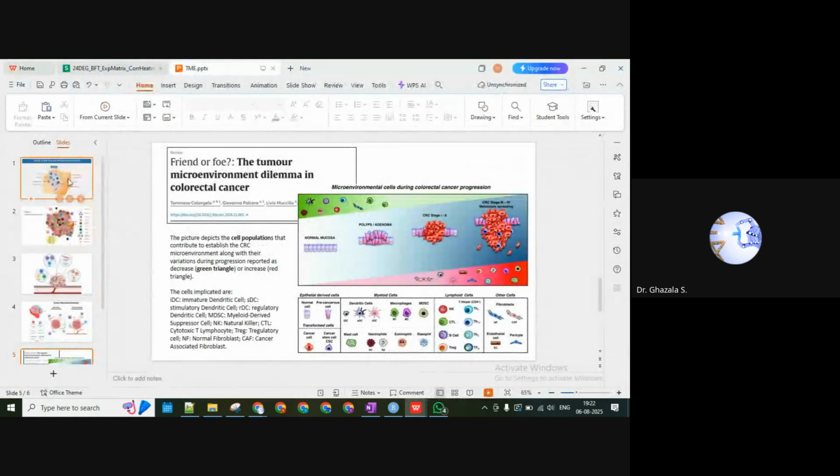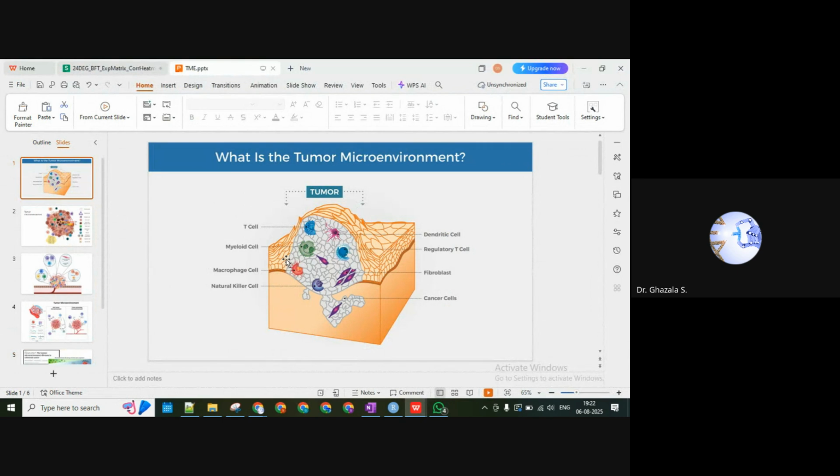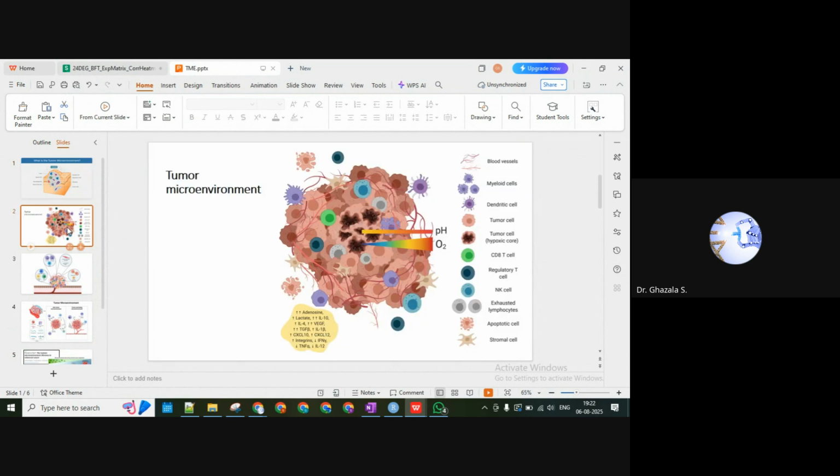Here you already know what a tumor is, and there are different types of cells working together to progress the tumor or make it grow larger. We can see the different modules or components of the tumor, like the tumor cells specifically or dendritic cells.